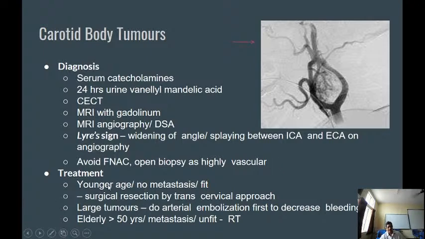Treatment in the young age is surgical resection by a trans-cervical approach. It has to be excised. And if the tumor is very vascular, in order to reduce the vascularity, you can do arterial embolization to decrease the bleeding during the surgical procedure. These are diagnosed, as I told you, by radiological means, and also by 24 hour urine VMA estimation and serum catecholamine assessment. So the treatment is excision.